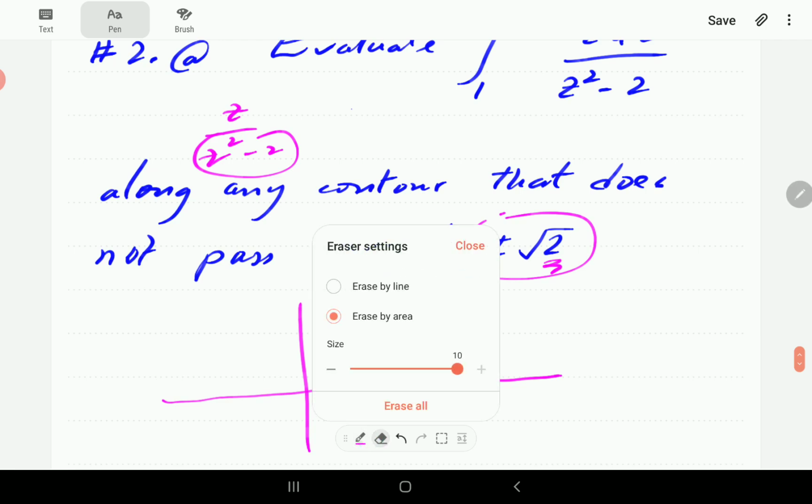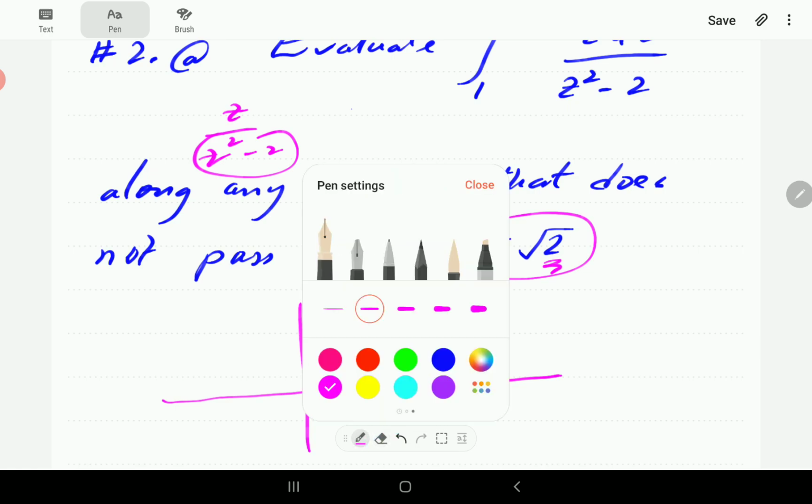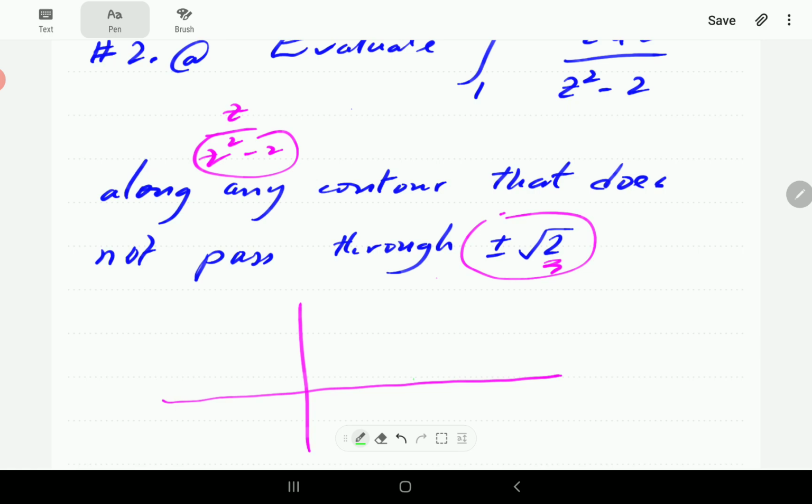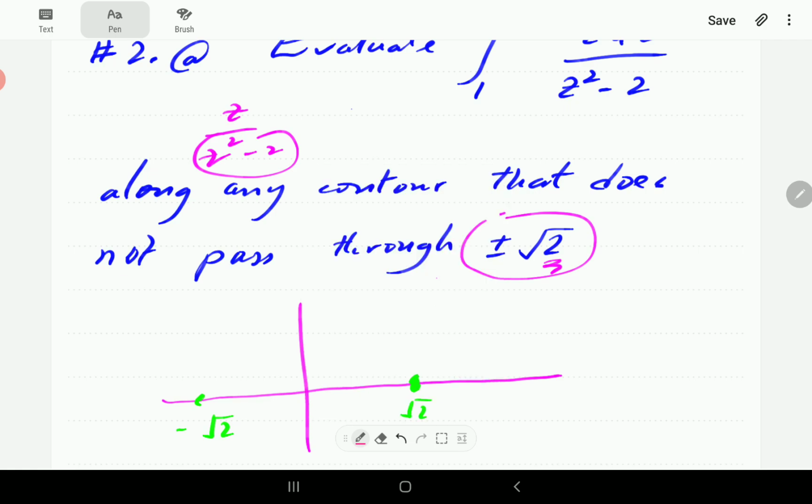So that means we can apply the fact that the value of the integral is just going to be a function of the starting point and the end point of the integration. So if this is root 2 and this is minus root 2, we want to evaluate the integral along any path that does not include those two. So we're integrating from 1.